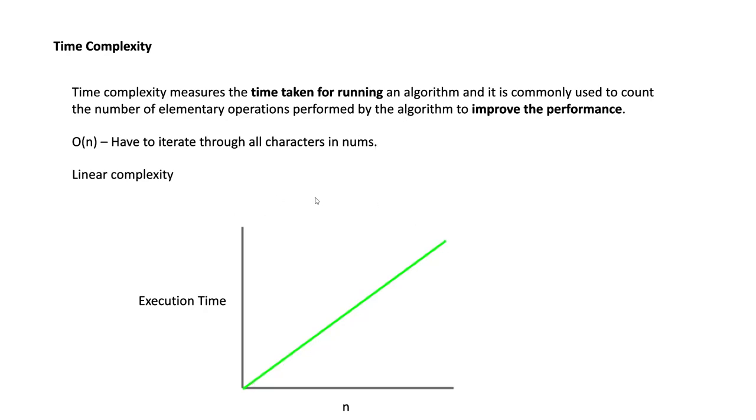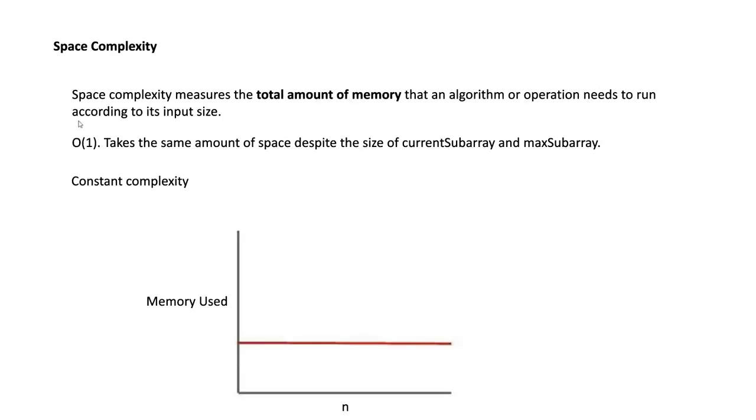So it's linear complexity, O of n. The space complexity measures the total amount of memory, and this is O of 1. Current subarray and max subarray are never going to increase. Nothing in the problem increases the size of these, so it's just constant complexity.